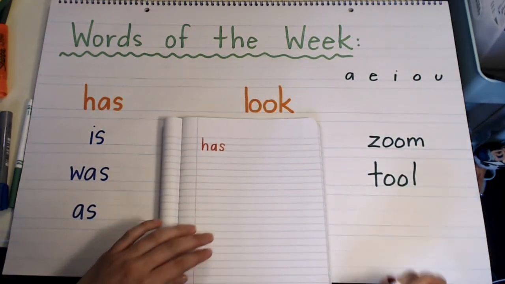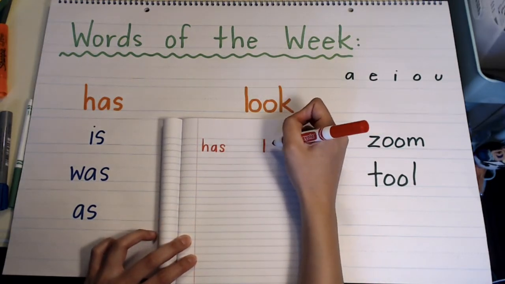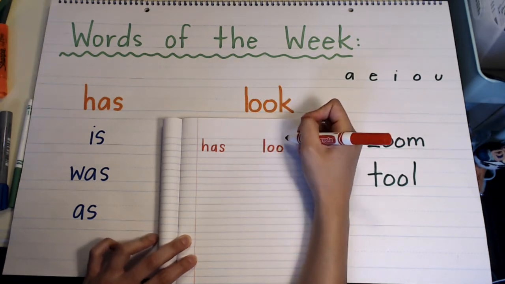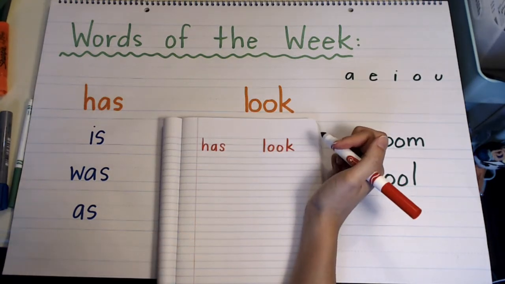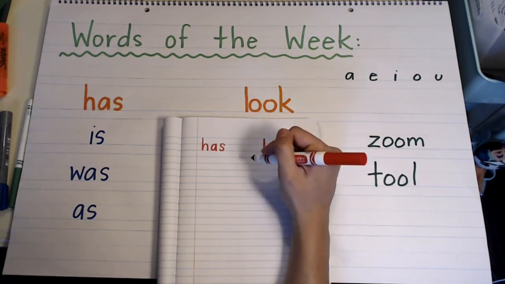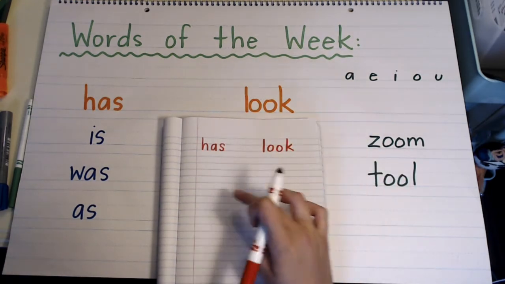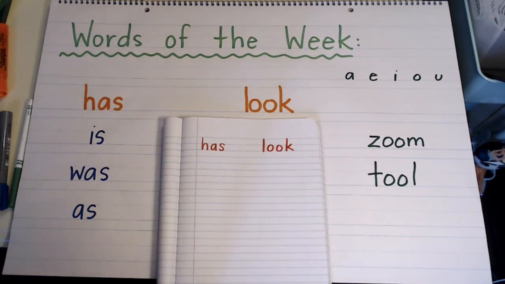All right, now for the word look, you just make your lowercase L, two O's, two little circles, and your K. So for the K, you do a long line down, diagonal line down, diagonal line the other way down. All right, has and look. So do your rainbow writing. Now write it in orange, then yellow, green, blue, and purple.